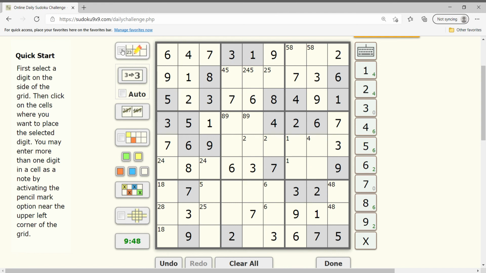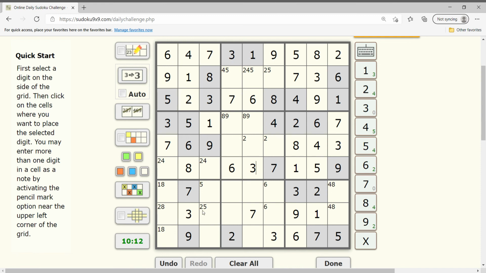This is a real 4. Okay, this is 5 or 8. It cannot be 8, so this is 5. This is 8. This is 5. This has to be 8. This has to be 1.